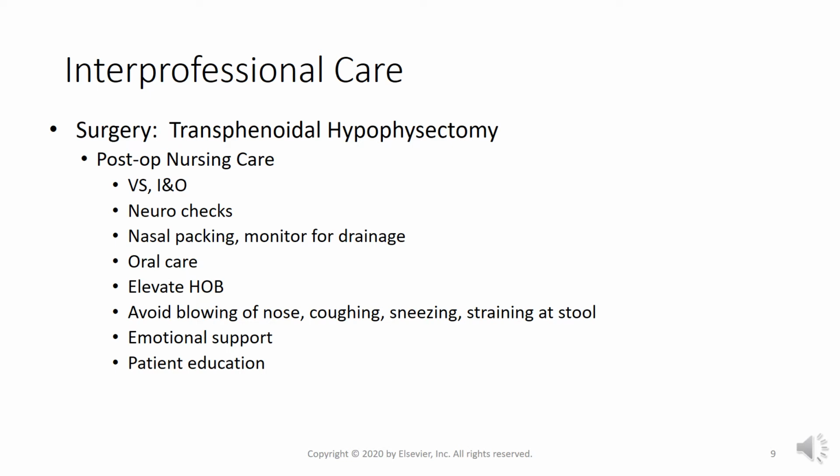So we'll just go over the post-op nursing care. So definitely frequent vital signs, neuro checks. You're definitely going to want to accurately measure intake and output. And I want you to think, why would intake and output be so important with this surgery?